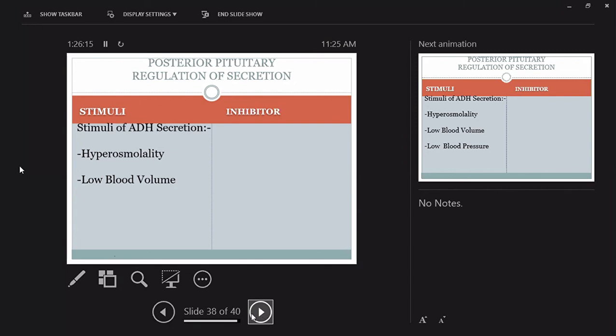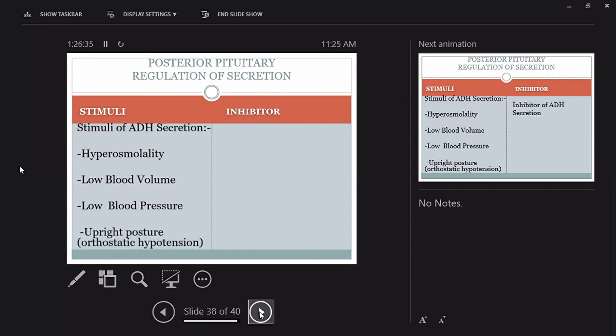And that is the action of your antidiuretic hormone. Low blood pressure, your ADH is at its high level. Upright posture, orthostatic hypotension, can also stimulate the secretion of your antidiuretic hormone.